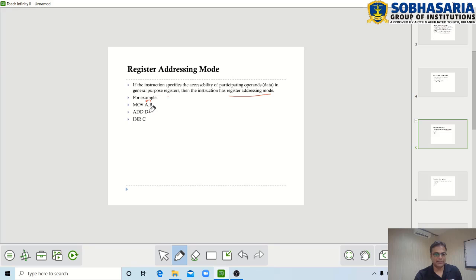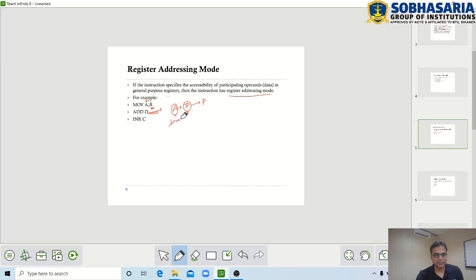In the next example, ADD D. In ADD D, the operation will be performed as A plus D and the result will be loaded in the accumulator. So there are two operands in this instruction. One operand must be available in the accumulator, which is fixed, and the other exists in a particular register, the D register.